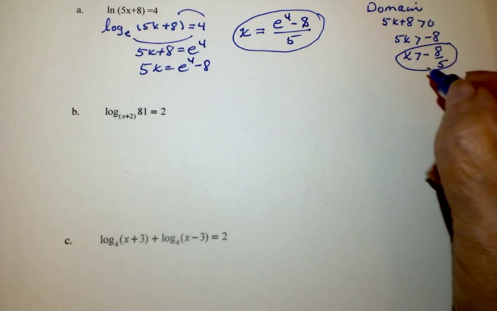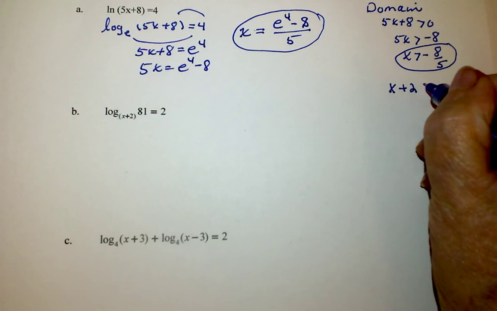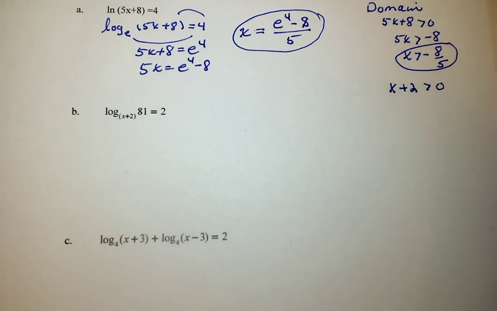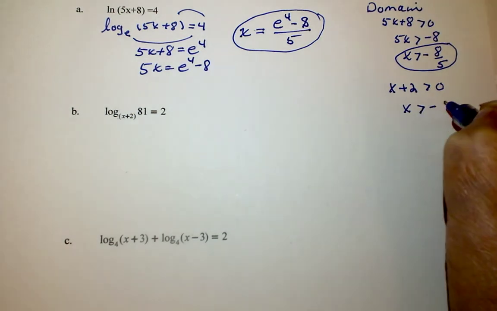Domain says that x plus 2 has to be positive, or that x must be greater than negative 2.